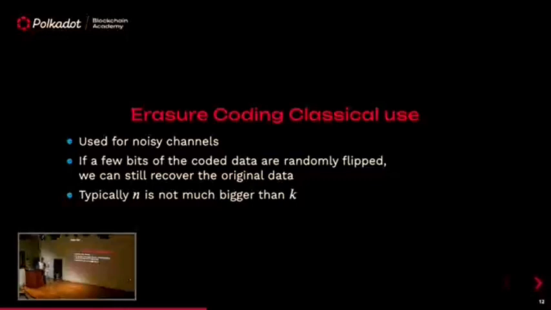They'll be used in all sorts of places. And when they're used in these cases, we just want to correct for a few bits of the original data being randomly flipped. So typically, that means that we're not expanding the data by much. We're maybe expanding it by 10 or 15 or 20% so that we can account for a few errors that might occur.